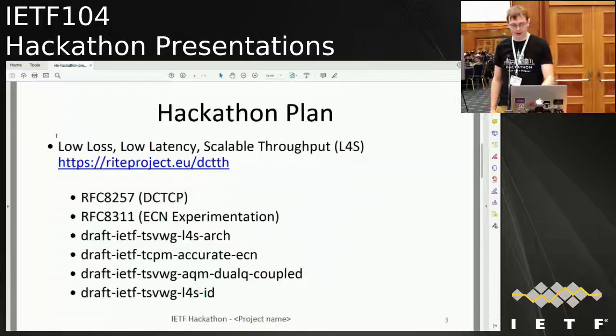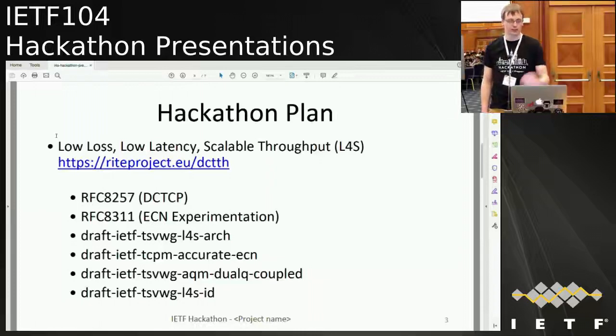From there, actually last year, RFC 8311 came out, which relaxed the ECN meaning, so we could experiment with it. And then there's a bunch of drafts that leverage all of this to define an architecture, how to communicate ECN feedback to senders, how to build up an AQM that does this and stays fair with other TCP flows.